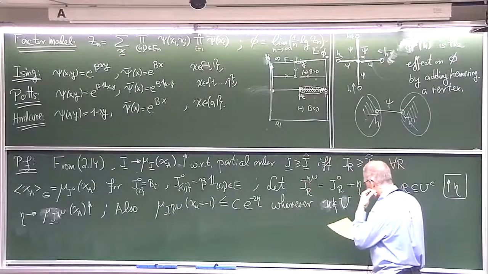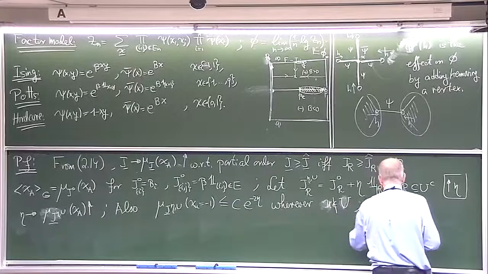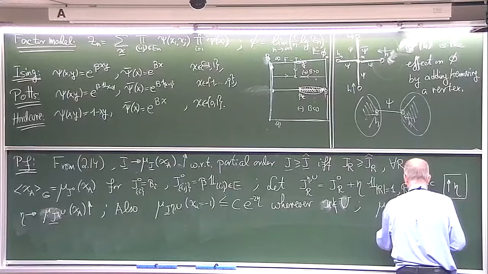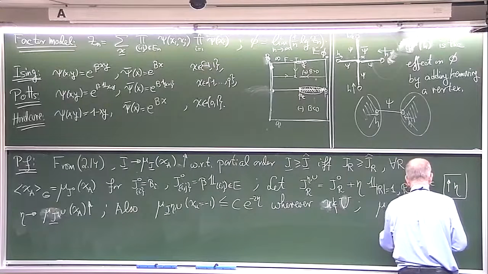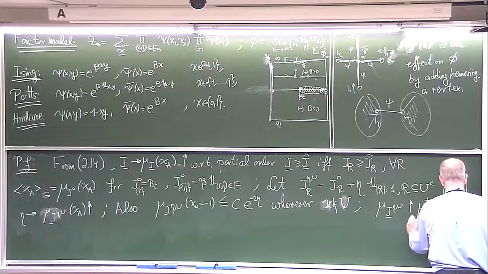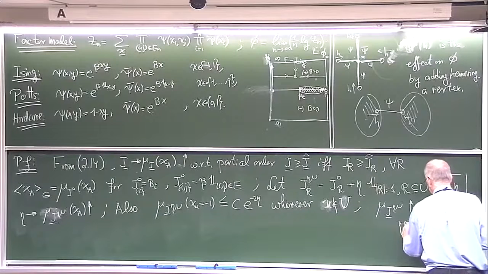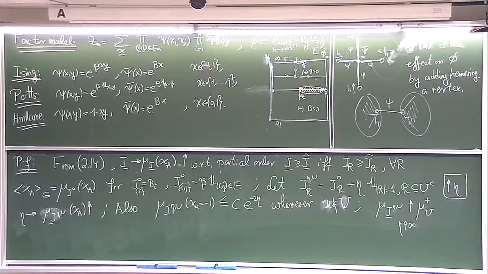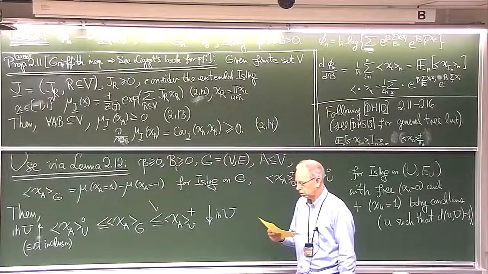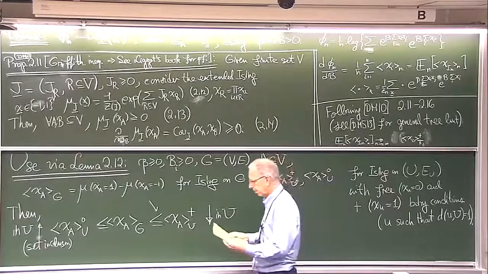And in particular, you conclude from this that mu J eta U converges to mu U plus when eta goes to infinity, which means what I wrote here. Check. This exactly gives you that.